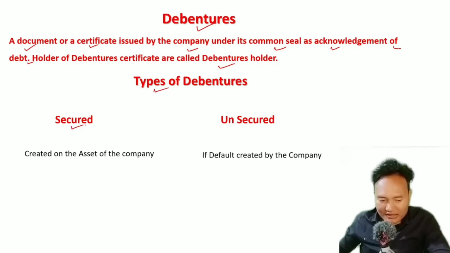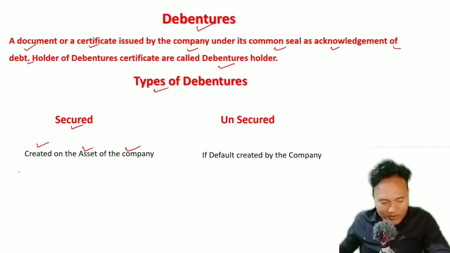Now let us discuss the different types of debentures. The first is secured debentures and unsecured debentures. What are secured debentures? This type of debenture is created on the assets of the company. It means secured debentures are created on collateral securities.